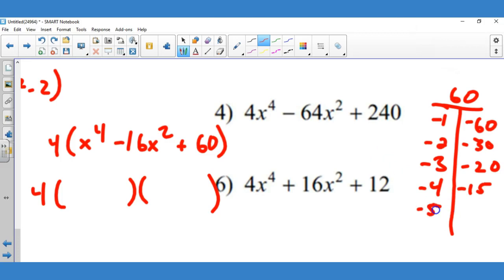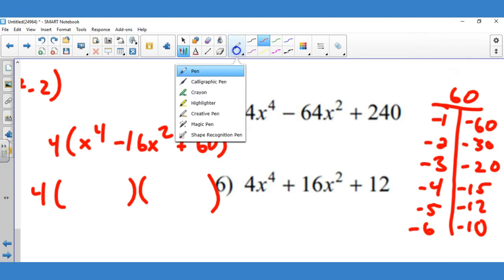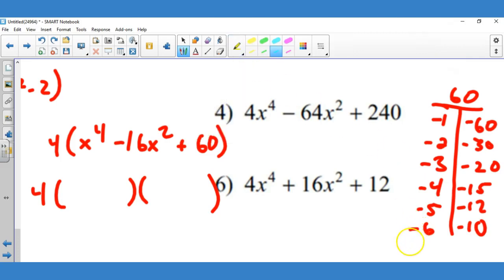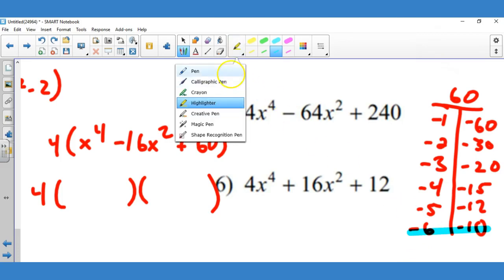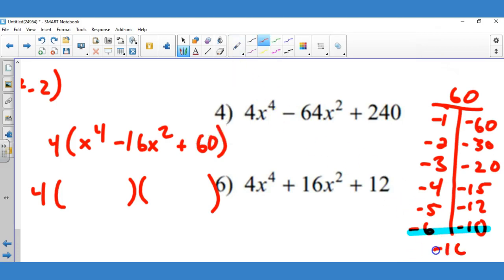-5 and -12. -6 and -10. All right, so here we go. That, guys, if I add them up, will give me -16 right here.